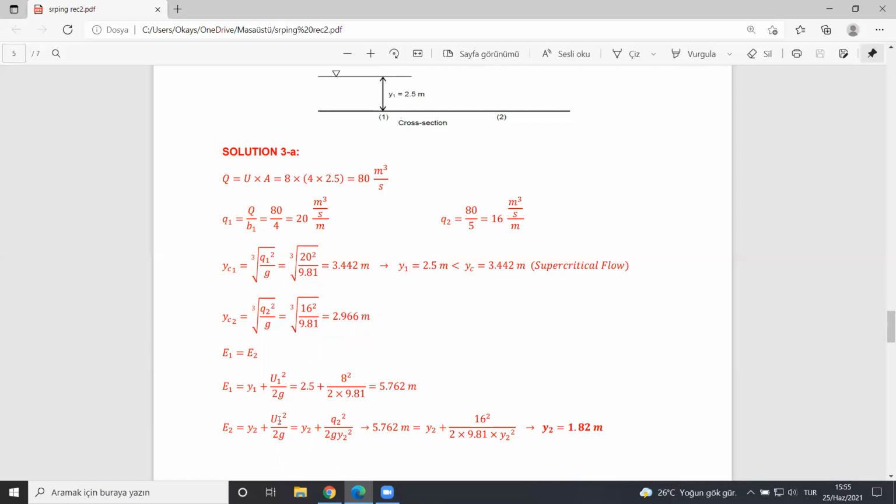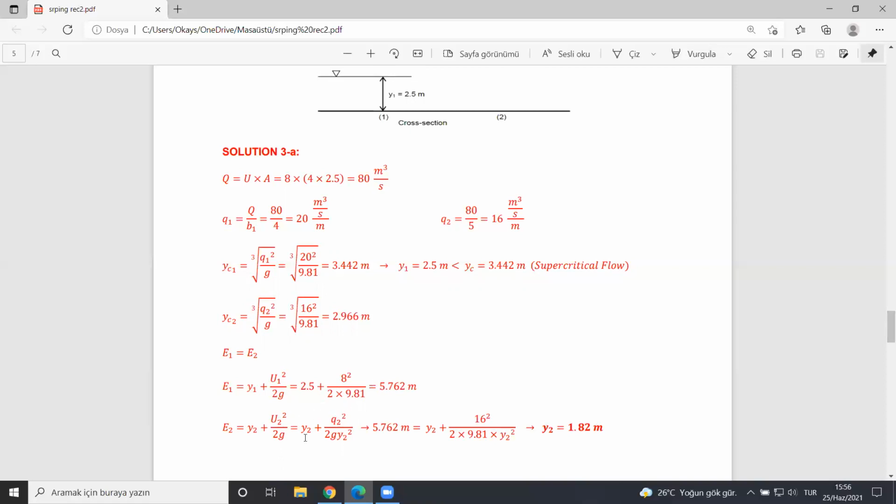Now we will equate this to the energy at section 2, and we will find the y2. Instead of velocity, as I did in the first question, I guess, I will replace velocity with discharge divided by cross-section area, and instead of discharge, we are writing small q times b. Then the b's cancel each other, coming from the cross-section area and from small q times b.